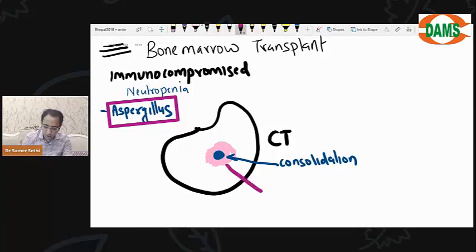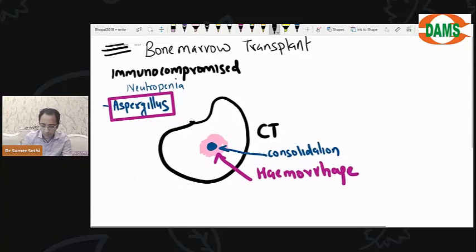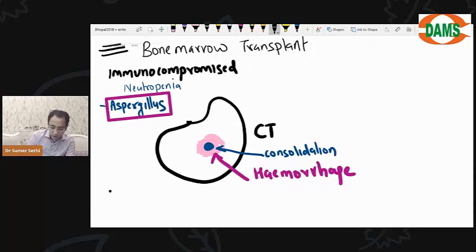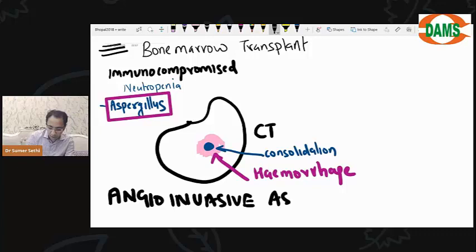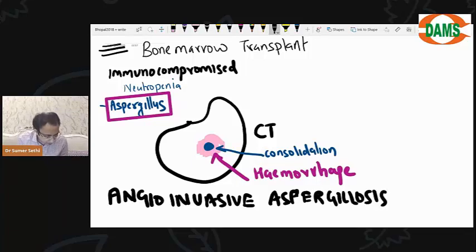These patients will have a central consolidation with surrounding hemorrhage. This is called angio-invasive aspergillosis. Everybody clear? Okay, so now do you understand?